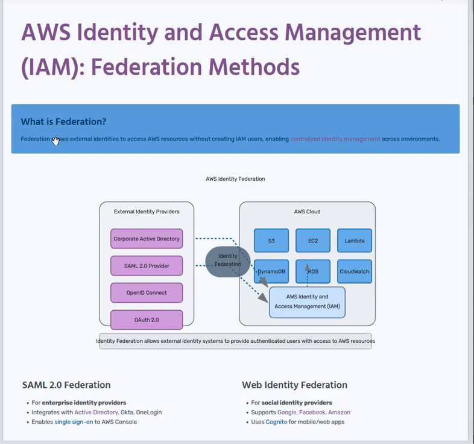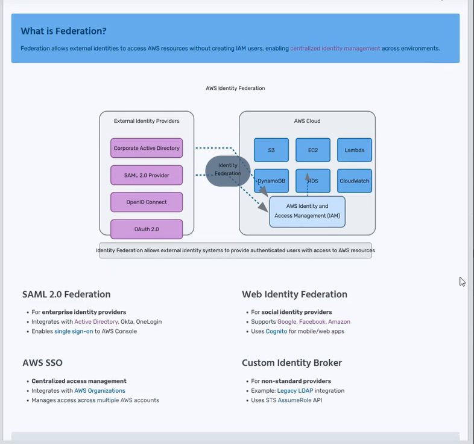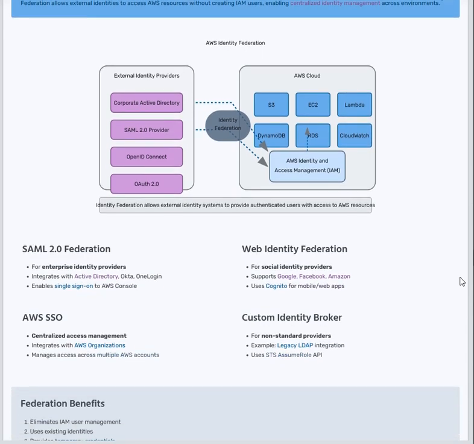So what is federation? Federation allows external identities to access AWS resources without creating IAM users in the portal, enabling centralized identity management across environments, right? In the picture, AWS Identity Federation, here are the external identity providers.